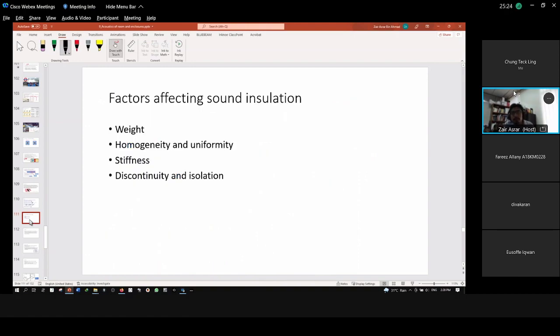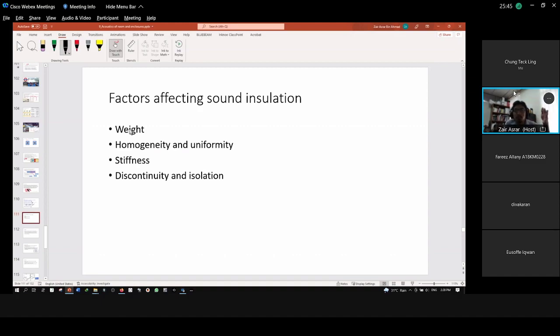For sound insulation, basically the idea is we want to stop the sound. And to stop the sound, one of the biggest factors that can help us is weight. If we have something that's heavy, we can stop more sound compared to something that's light, which makes sense.